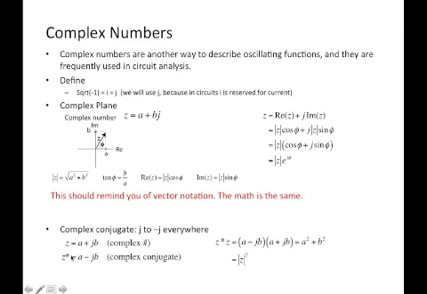And if you multiply the complex conjugate, z star, times z, you don't have an imaginary part. It's all real: a squared plus b squared in this case, or the real part squared plus the imaginary part squared. But that is just the magnitude squared. So if you want to find the magnitude of a complex number z, you just take the complex conjugate, multiply it by the complex number, and you get the magnitude squared.